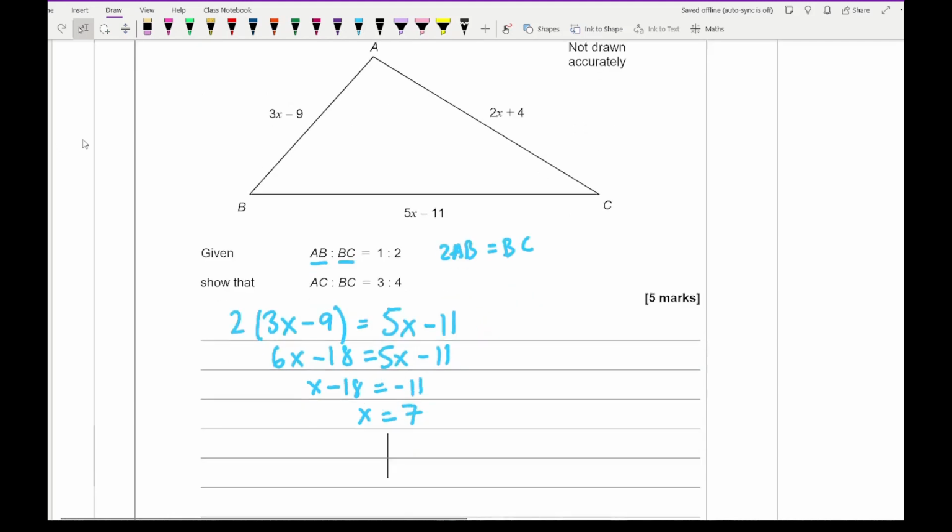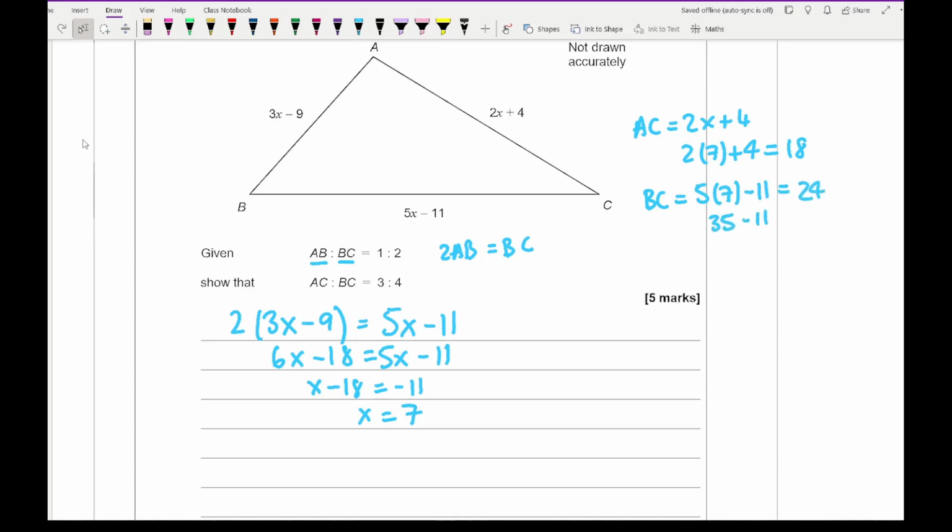Once I know that x equals 7, I can then work out what AC is. AC is 2x plus 4, so that's 2 lots of 7 plus 4, which is 18. And BC is going to be 5 lots of 7 minus 11, which is 35 minus 11, which is 24.